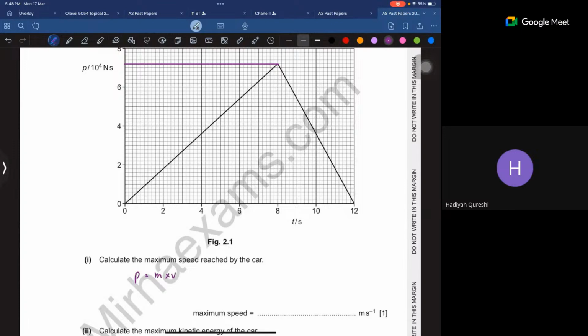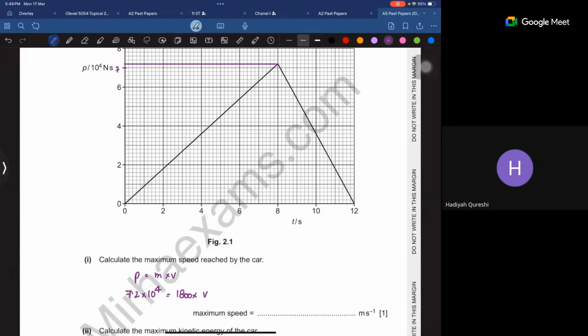This is going to be 7.2 times 10 raised to power 4, equals 1800 times the velocity. I think that makes a little bit of sense.